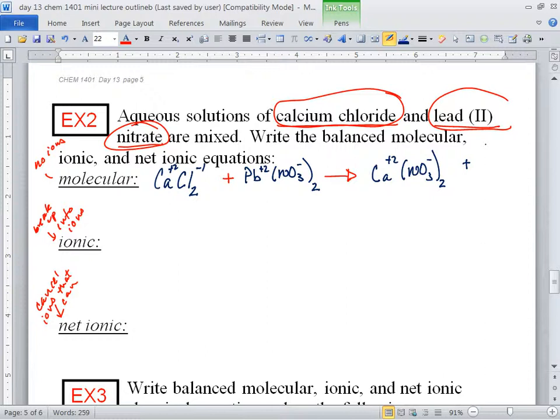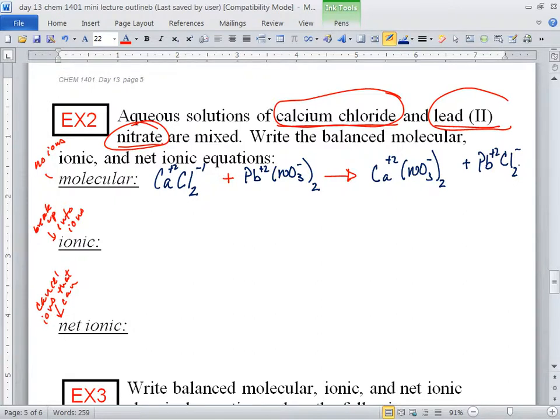Right. And then I'm going to combine the lead with the chloride. So we'll combine the lead with the chloride. So do you see the trick to doing this so you don't mess up? Write all the charges, then just combine the ions, because then hopefully you'll remember to move the charges to be the subscripts.